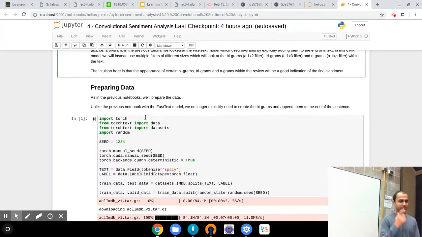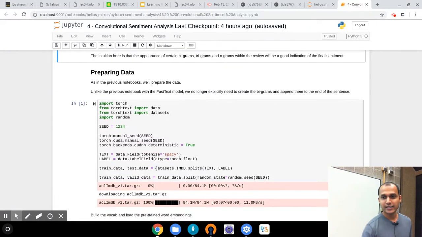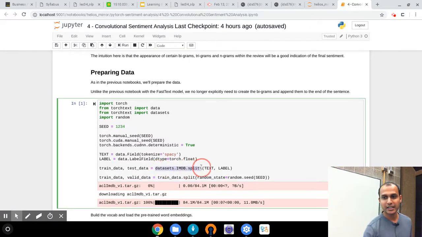and another module called Torch Text. Torch Text lets you abstract away a lot of the nitty-gritty details of dealing with textual data. For example, in this case, we can get the dataset, which is the IMDb data, directly. You just run a command from the datasets class.